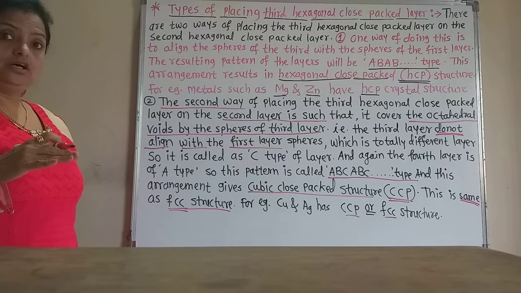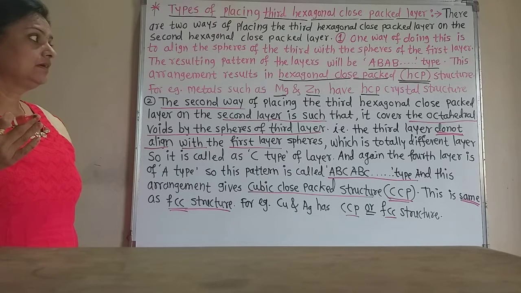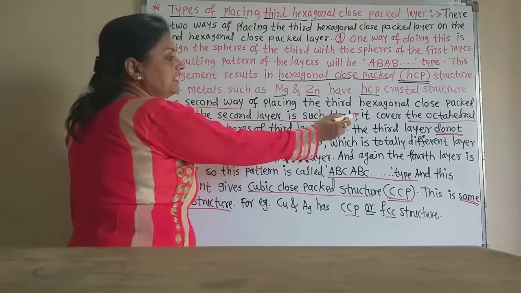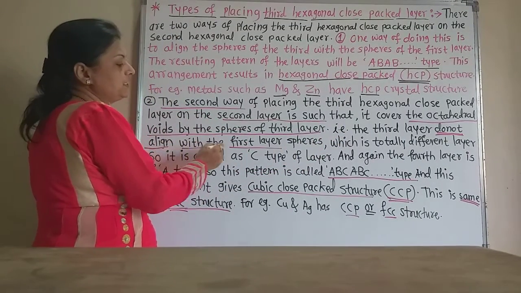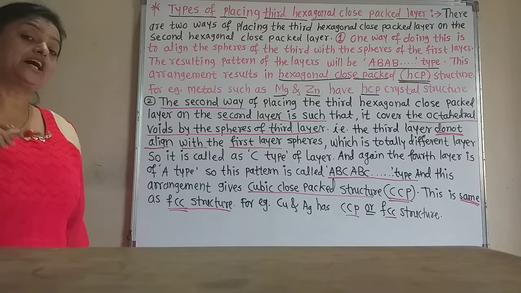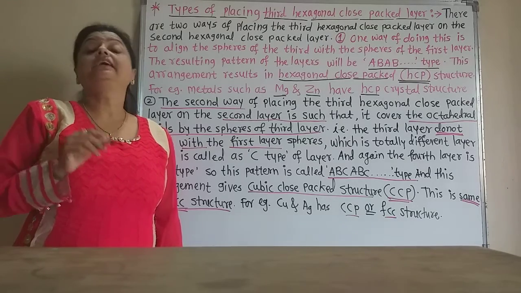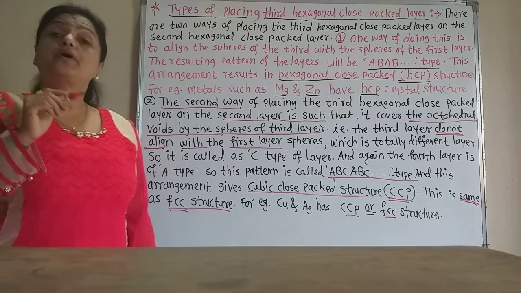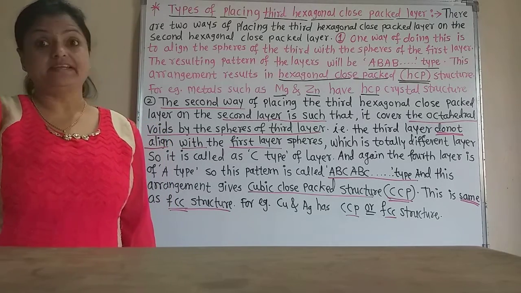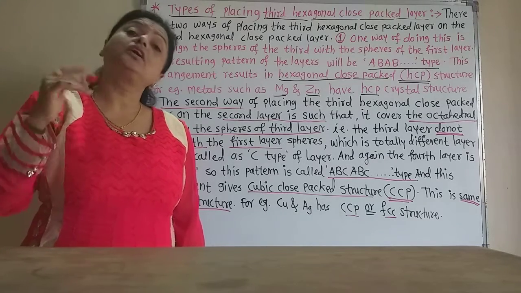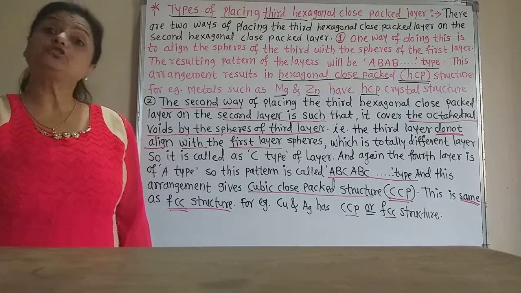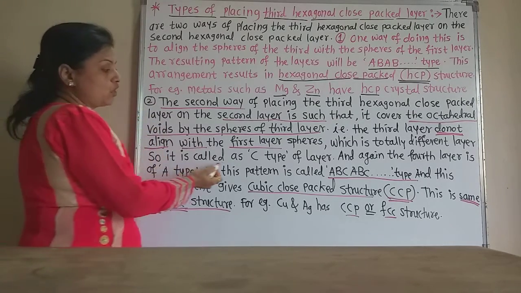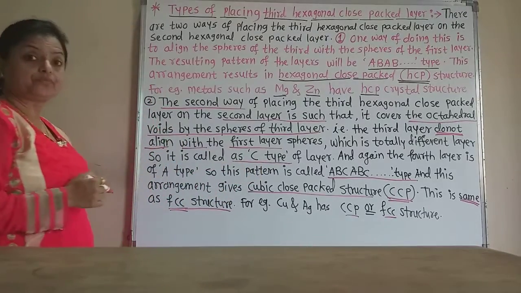So, due to that, the octahedral void is covered by the spheres of the third layer. Therefore, the third layer does not align with the first layer, because we are placing the third layer on the octahedral voids. That means the first and the third layers do not match. The third layer is totally different, that is of C type, so it is called the C type of layer.